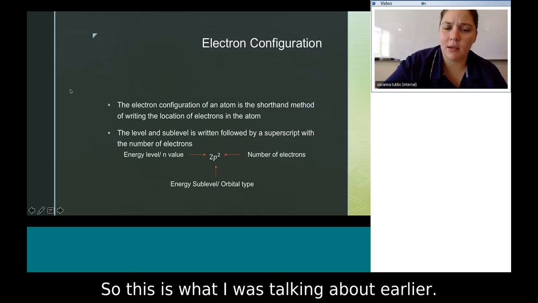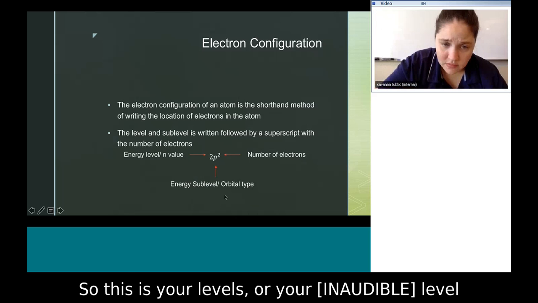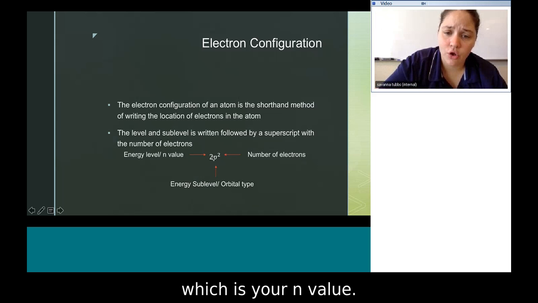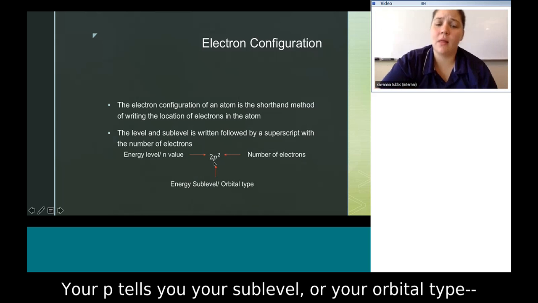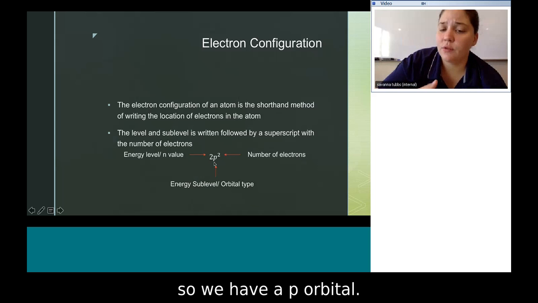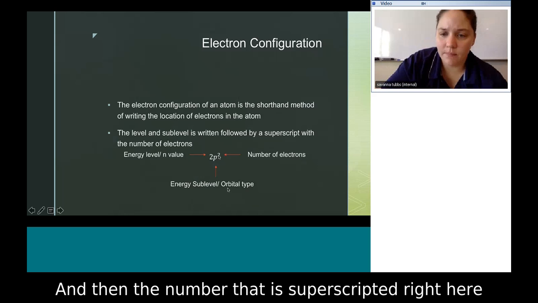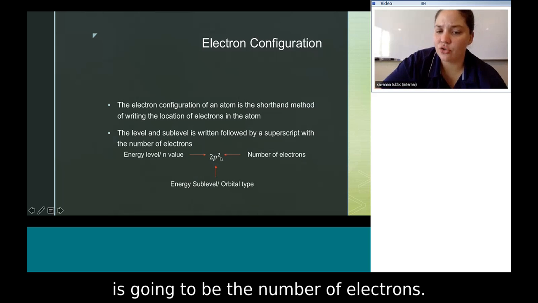So this is what I was talking about earlier. This is your level or your energy level, which is your N value. Your P tells you your sublevel or your orbital type, so we have a p orbital. And then the number that is superscripted right here is going to be the number of electrons.